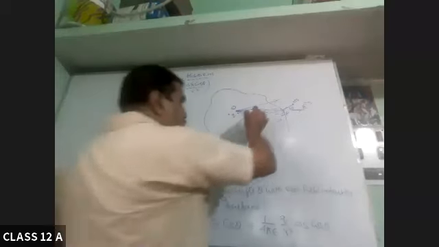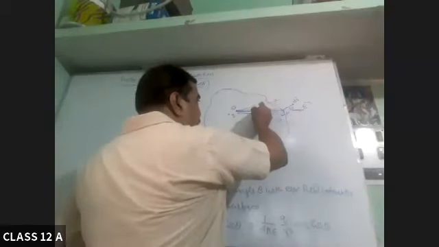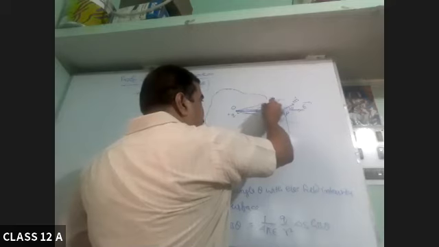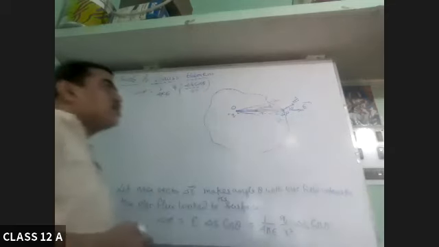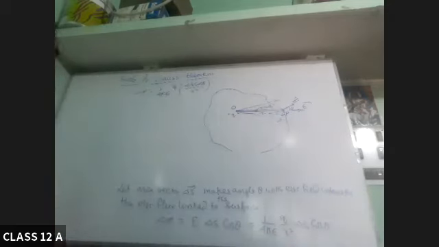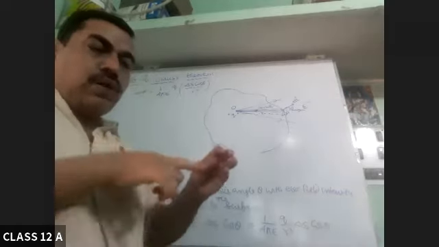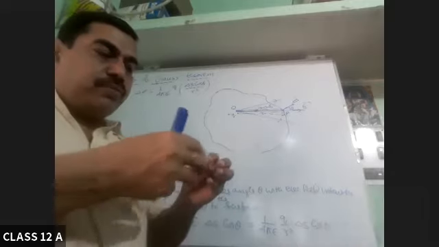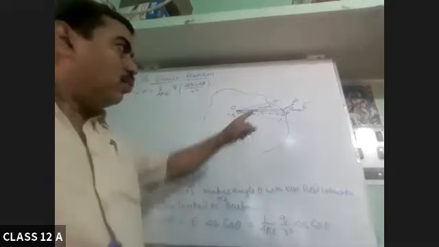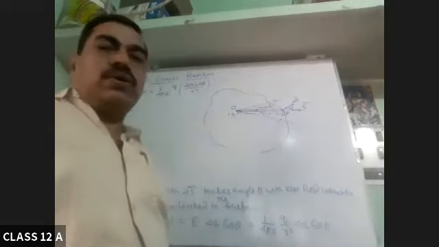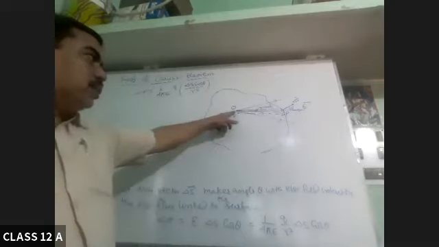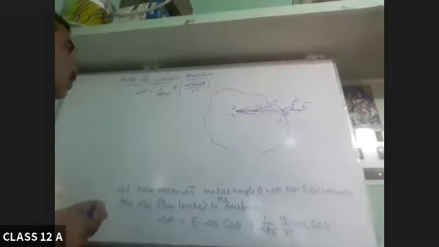Whatever solid angle is made by this surface here, suppose we write it as delta omega. If we consider the surface like this, whatever solid angle is made by this cone at the position of the charge, it will be that much.